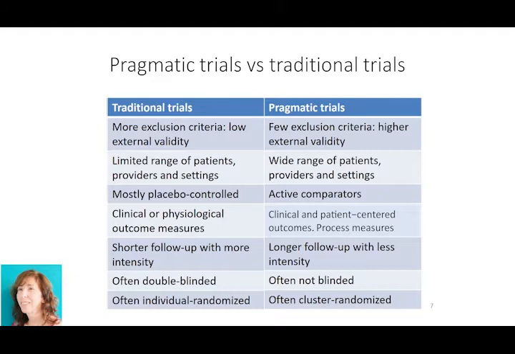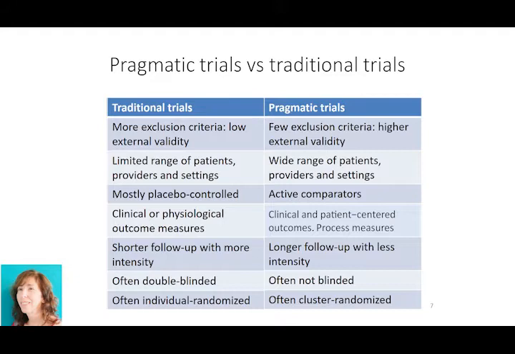We can say that traditional explanatory trials seek to answer questions such as, can an intervention work under ideal controlled conditions? While pragmatic trials seek to answer questions such as, does an intervention work under usual, more real-life conditions?